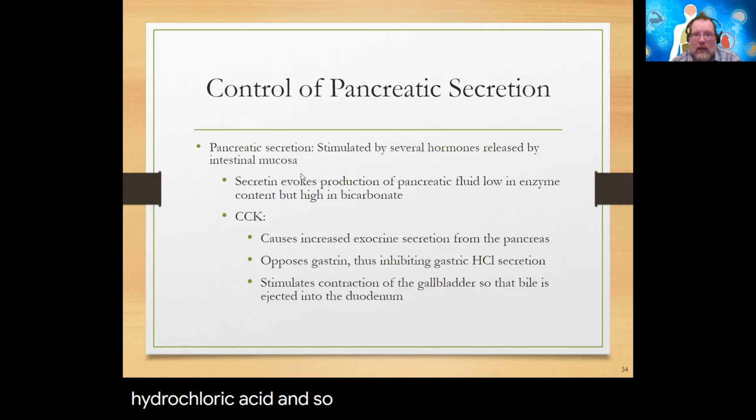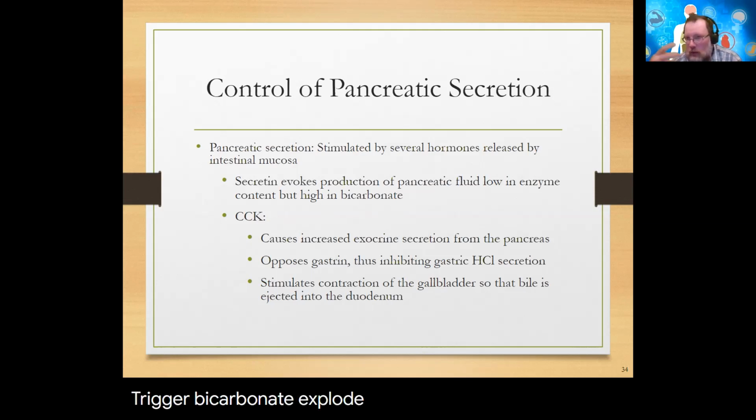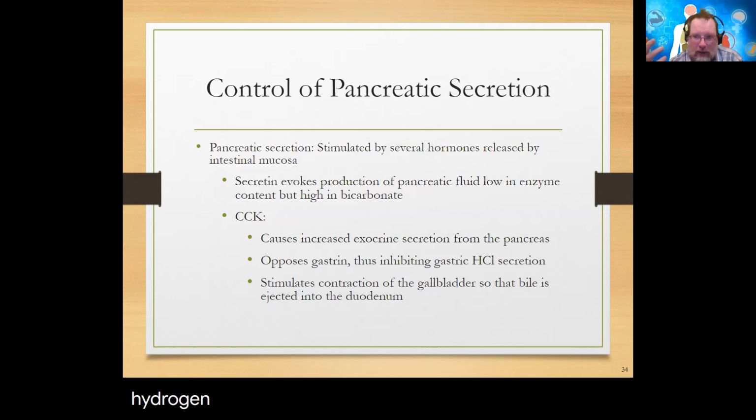And so secretin will come in and trigger a bicarbonate explosion, so we can start getting that pH back closer to neutral. So anyway, that's what's going on there, because we do want to see a decrease in hydrogen ion concentration, or an increase in pH, so up to close to 7 or even 8.